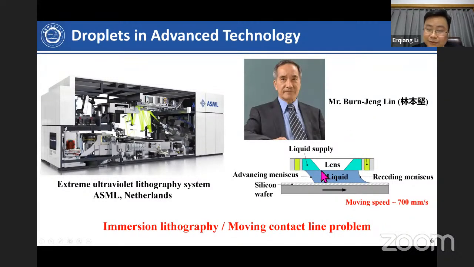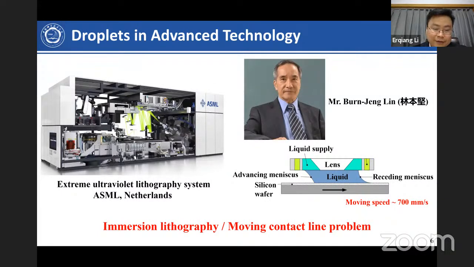The idea is to use a liquid meniscus instead of air. The advantage is it can change the wavelength of the light from 193 to 157 nanometers, so it greatly enhances the resolution of the technique.